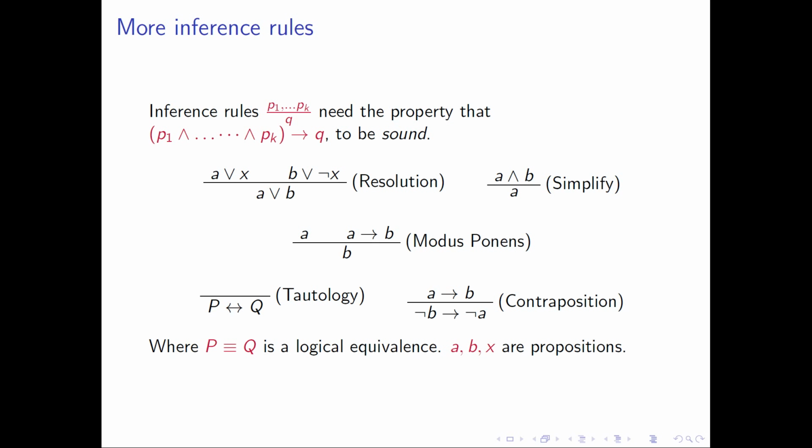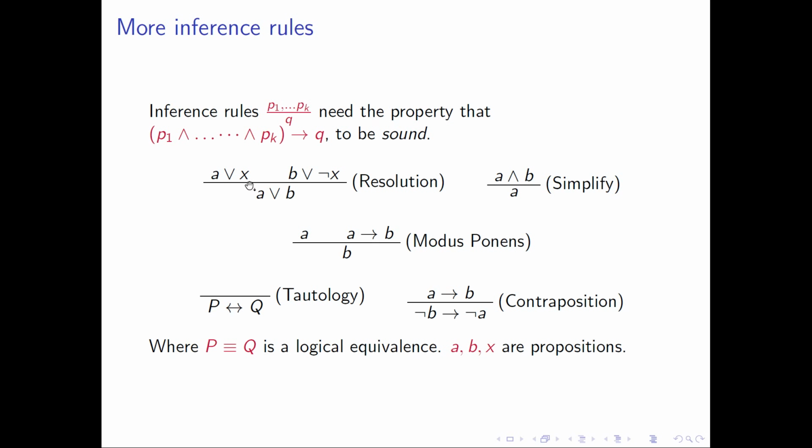There's more things you can do with inference rules, as long as we have the property that whatever happens on the top implies the thing at the bottom. So as long as this thing is a tautology, then this rule is sound. And there's lots of cases of this. So the first one is resolution.